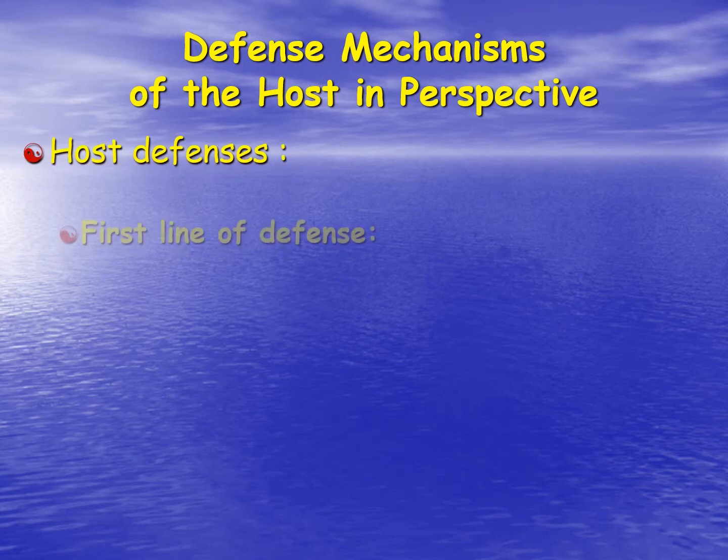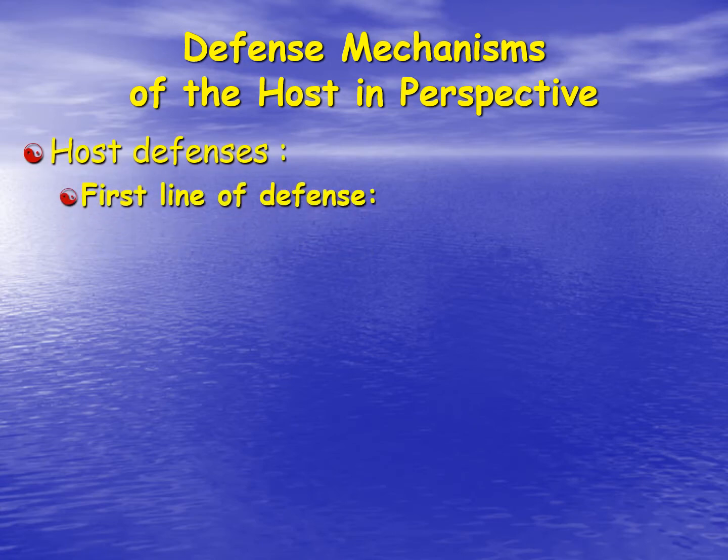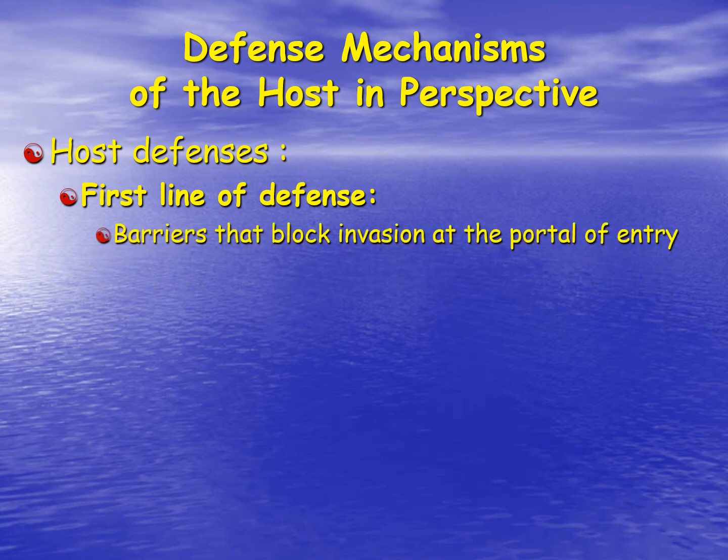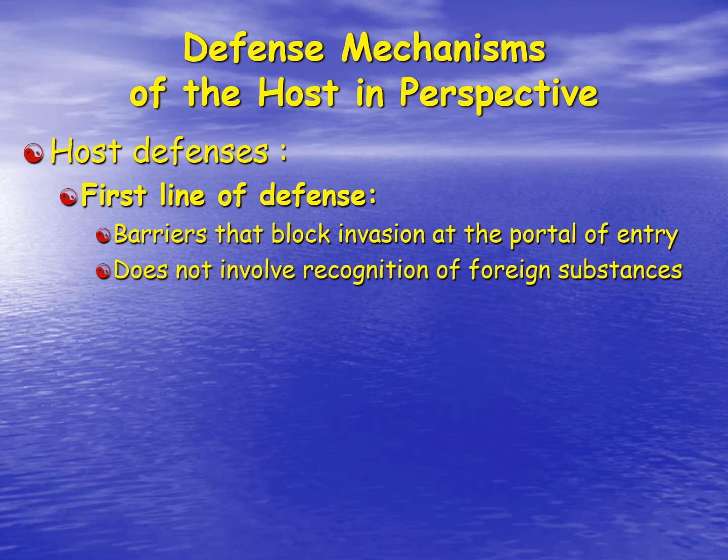So, host defenses. We have three lines of defense. The first lines of defense are barriers that block invasion at portals of entry, and they do not involve recognition of foreign substances, and we are born being able to do them. So they are what we call innate, and they are general in their action.